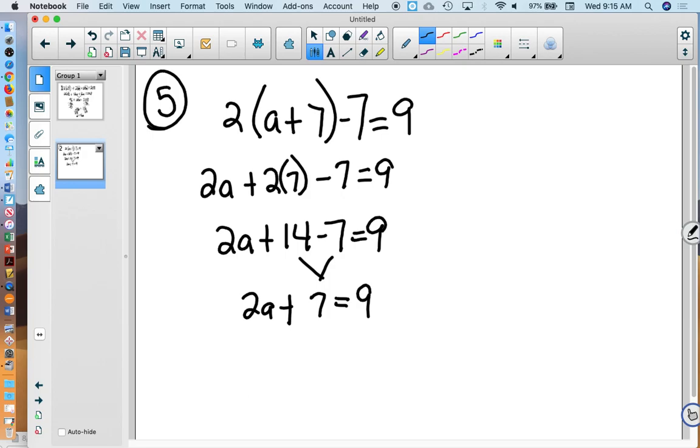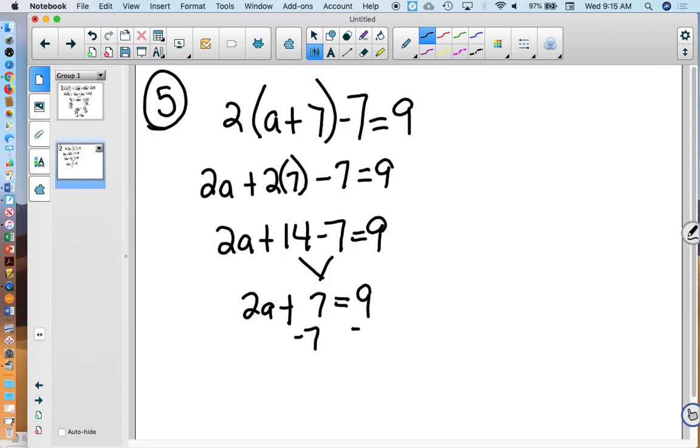Where do I go from there? Emily, where should I go from here? Now I need to get rid of the 7. I've got to get rid of the constant first. So how do I get rid of the 7? Then you need to subtract 7. Good job.